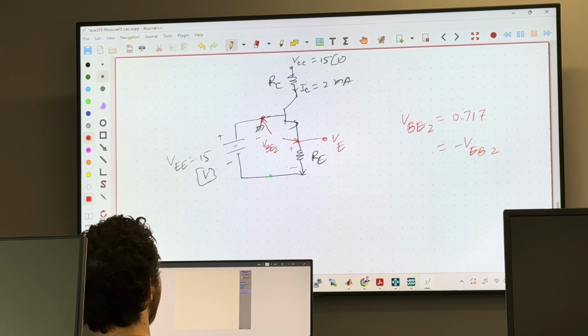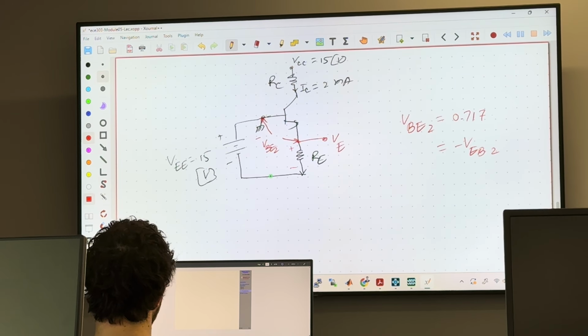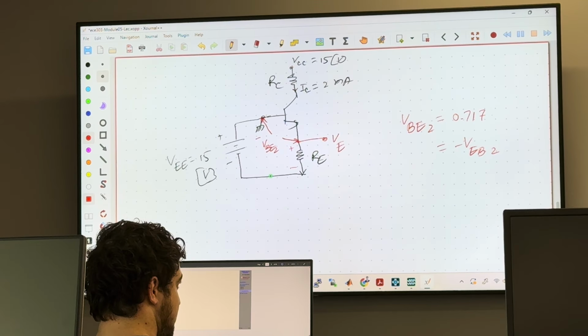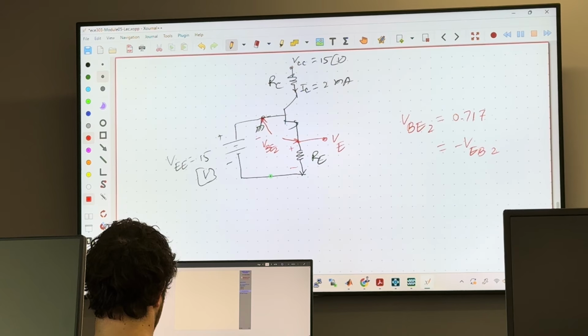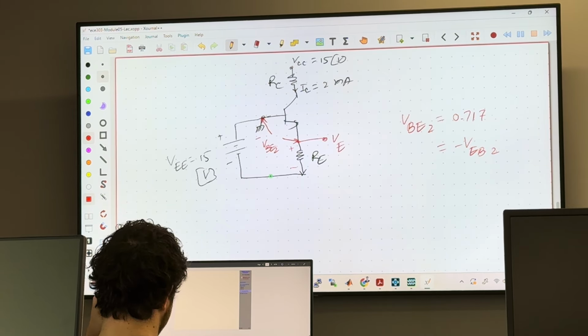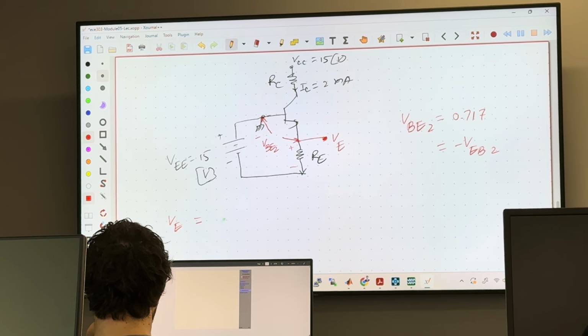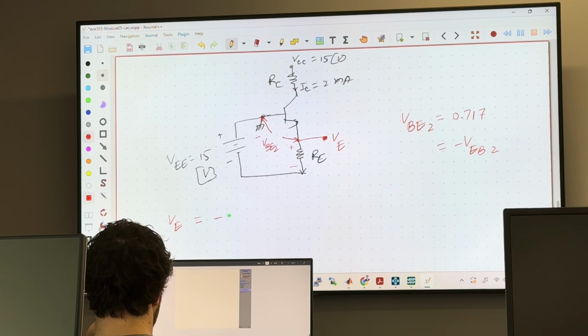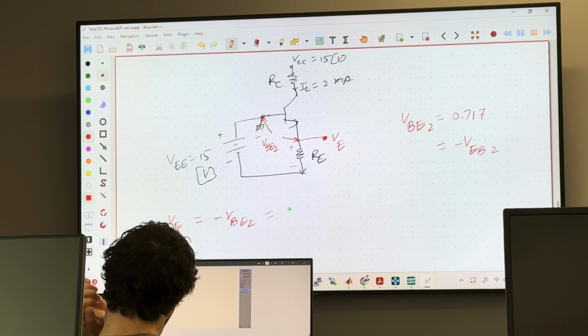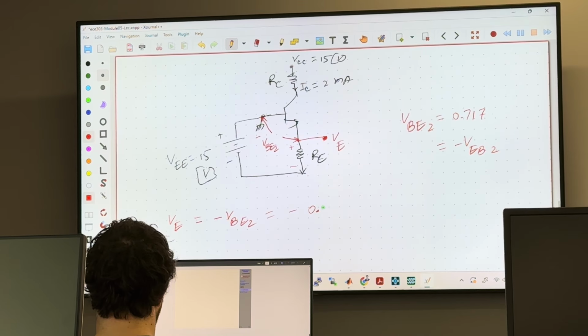So what we are going to have, this voltage VE is exactly the same as negative VBE2, which is negative 0.717.